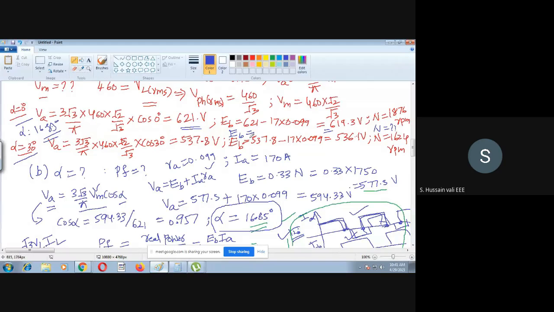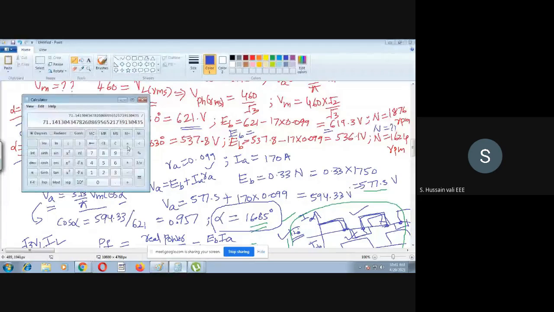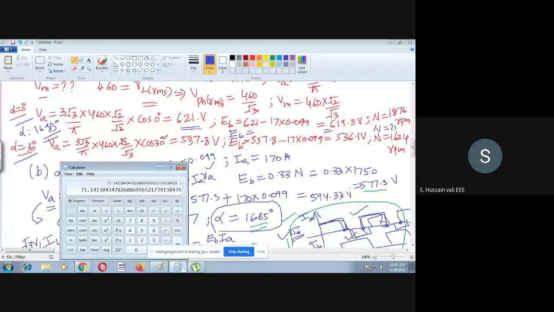So we'll do it here itself. What is EB then? First I will do cos of 16.85. Cos of 16.85 is 0.957. That we multiply with the remaining factor.